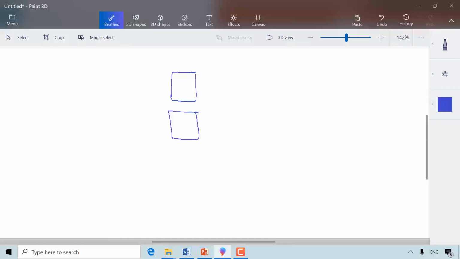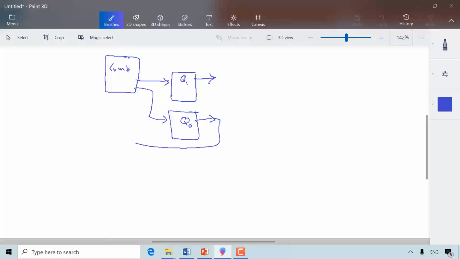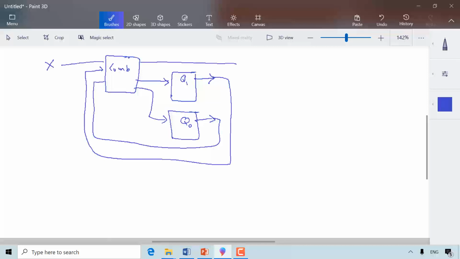Those flip-flops get their inputs from some kind of combinational block. Let's say this one is Q1 and this one is Q0. So these are two flip-flops, and the outputs of these two go back to the combinational block. And let's assume that we have an input X and an output Z.